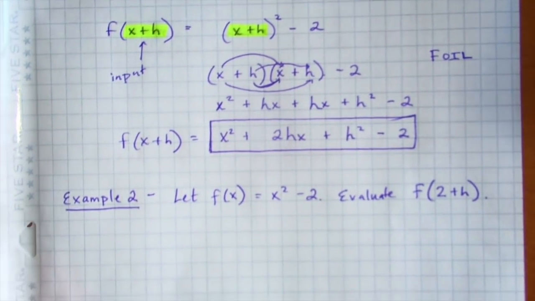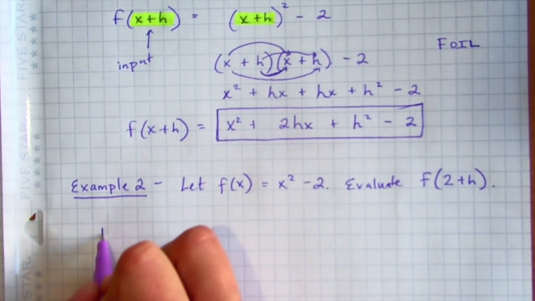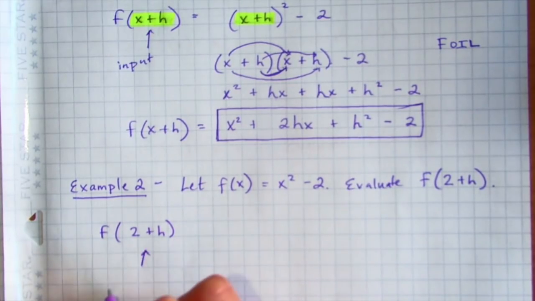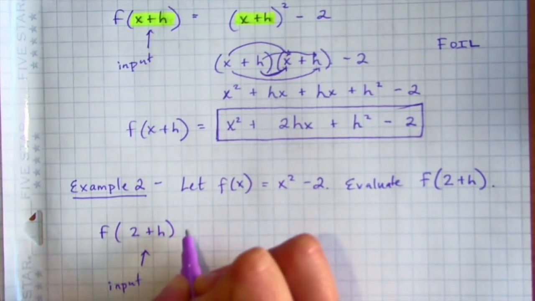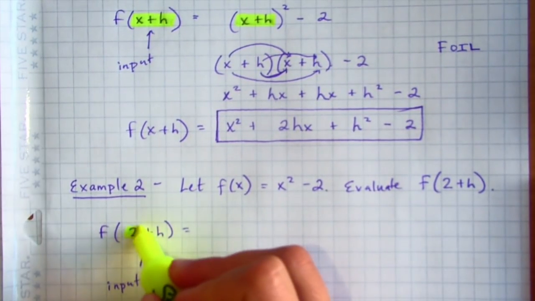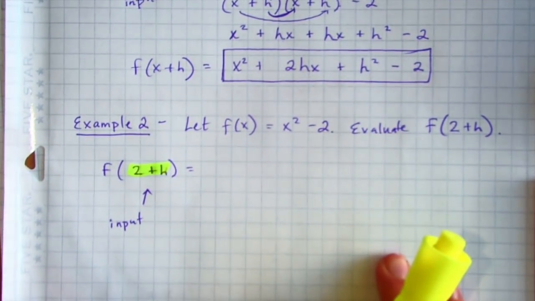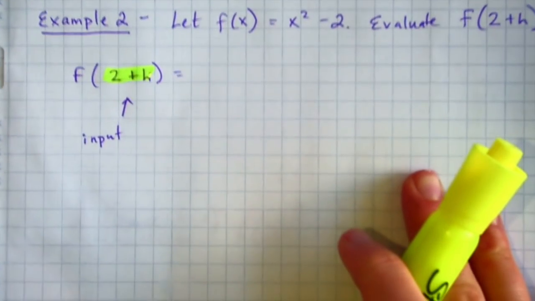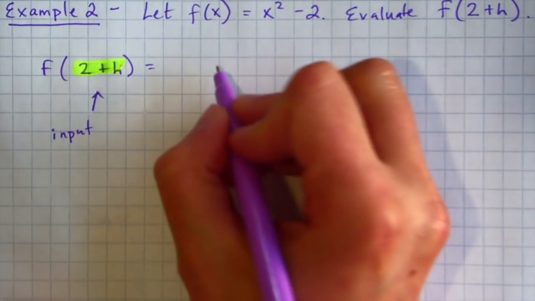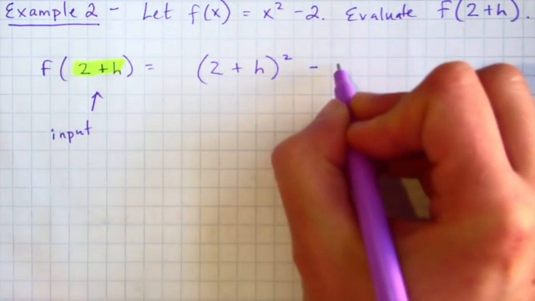Okay, so hopefully you notice the first step is going to be plugging in 2 plus h as your input. That's what's inside the parentheses. And let's zoom in here. And we're going to end up getting 2 plus h squared minus 2.